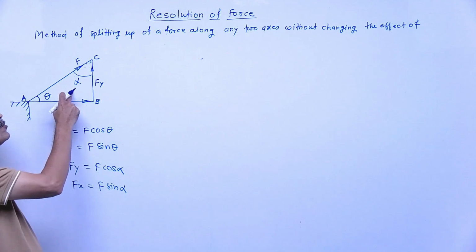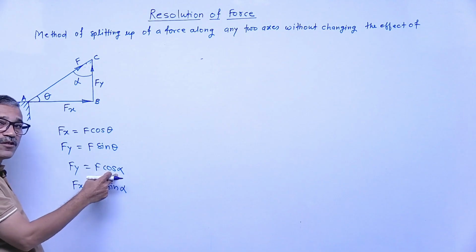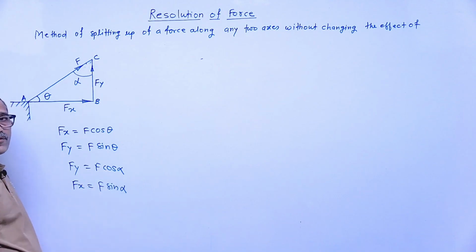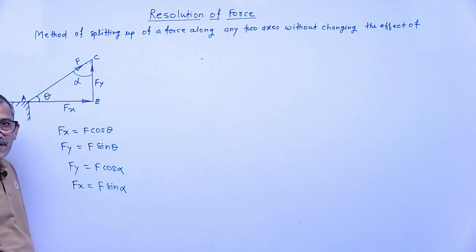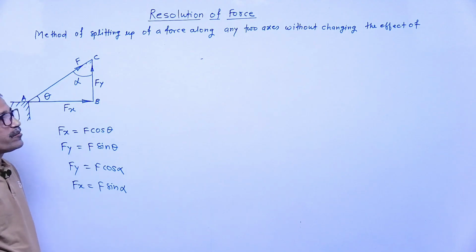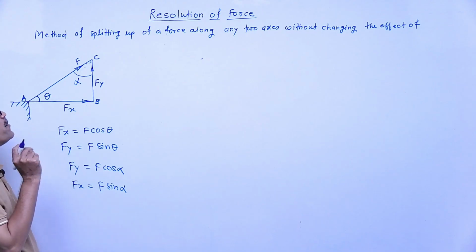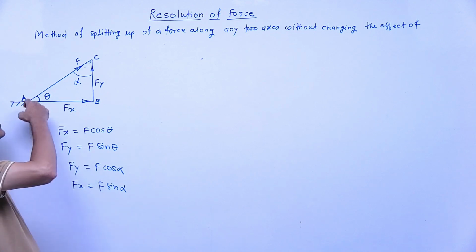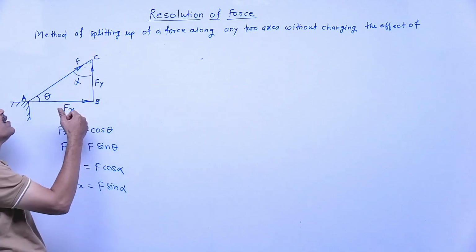The component with which the angle is given becomes the cos component, and the other component becomes the sin component.